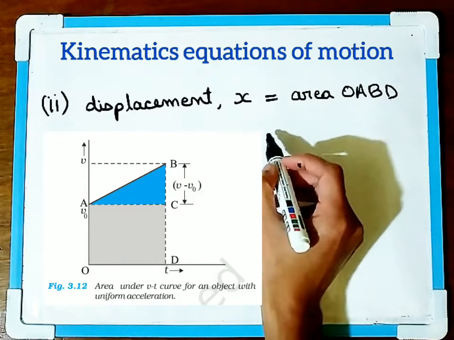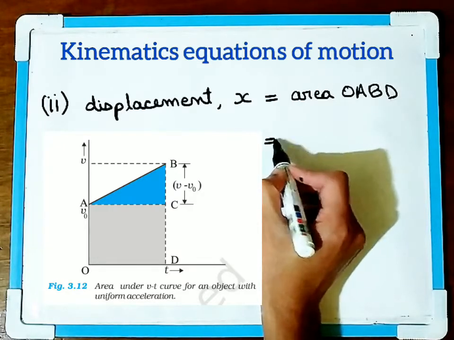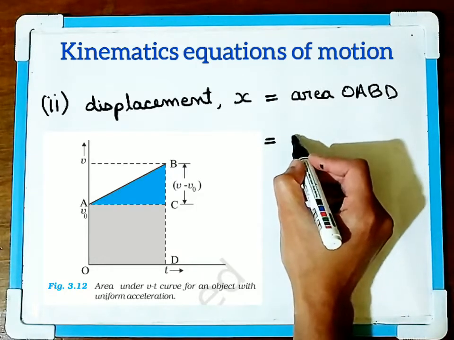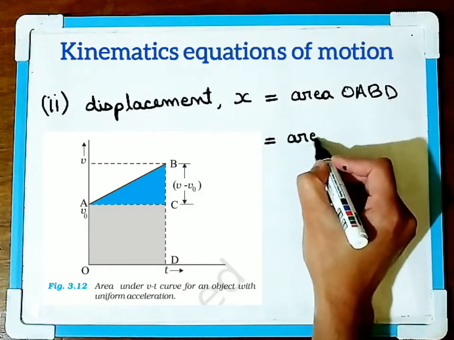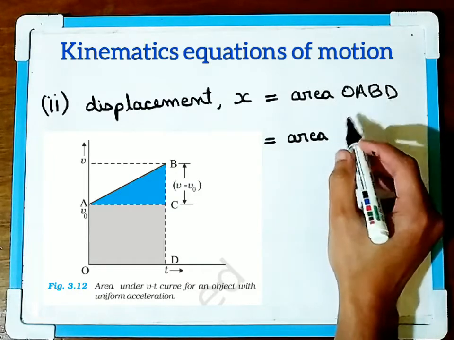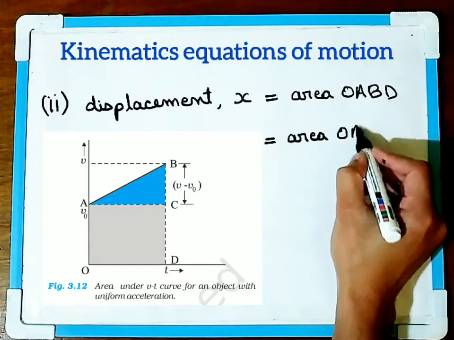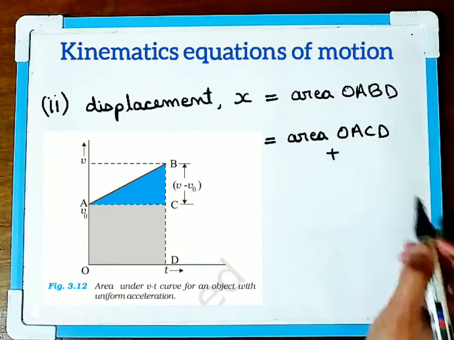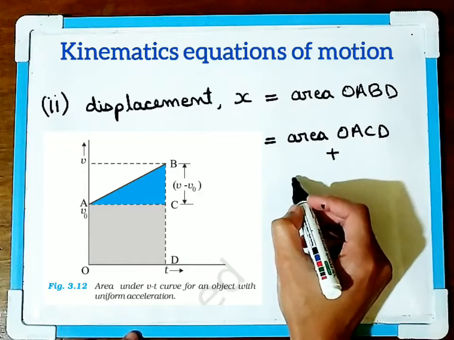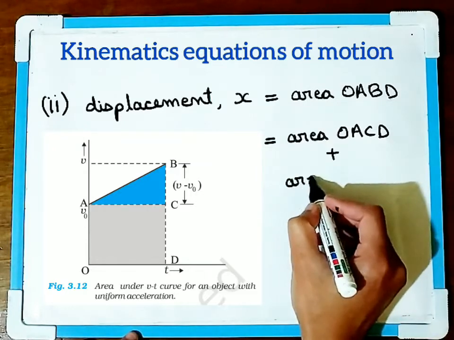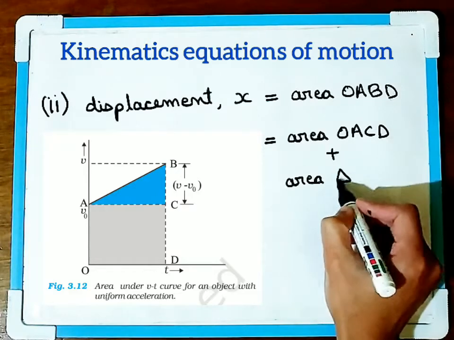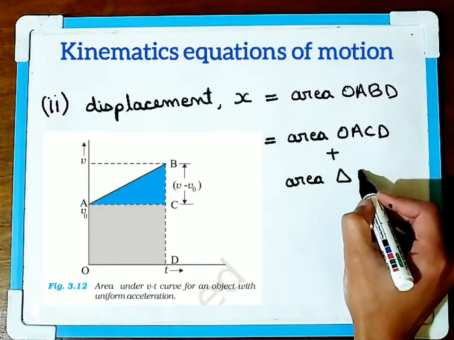From the diagram we can see that the area OABD is equal to the area of the rectangle OACD plus the area of the triangle ABC.